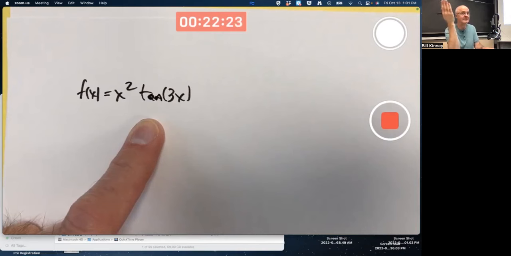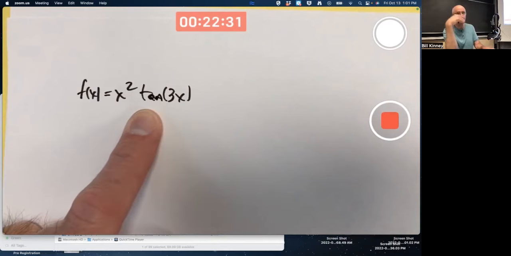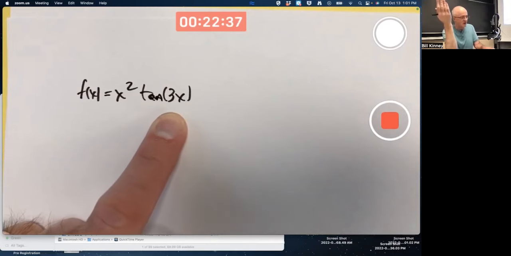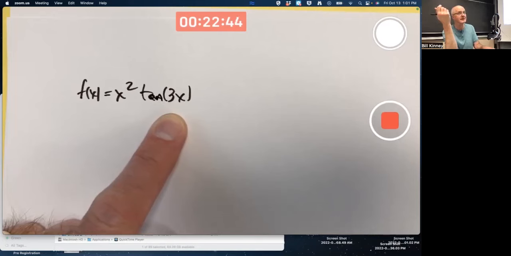Since tangent of x is sine of x divided by cosine of x, tangent of 3x is sine of 3x divided by cosine of 3x. Maybe multiply x squared on the top, use the quotient rule again. And also, in taking the derivative of tangent of 3x, we need the chain rule because we have an inside function there. That's not just an x, it's a 3x.